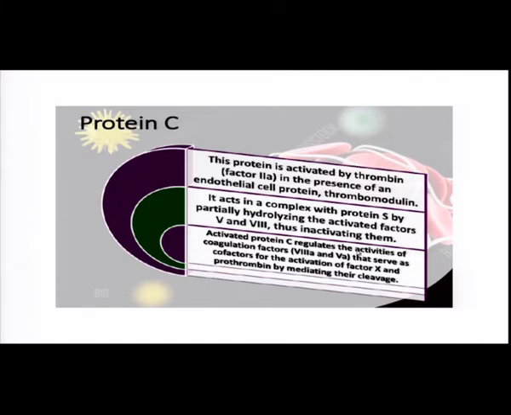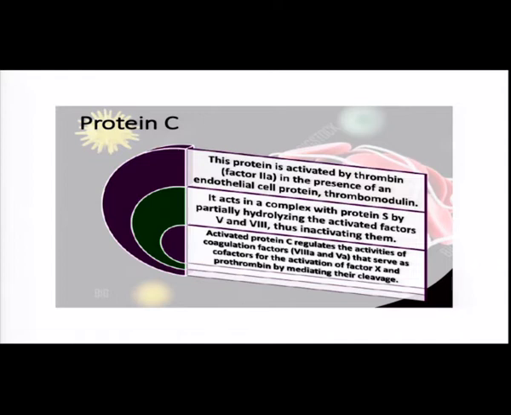Now you see it acts in complex with protein S by partially hydrolyzing the activated factors 5 and 8, thus inactivating them. So you see there protein S partially hydrolyzing the activated factors. So what does that mean? When you have activated factors doing the job of cascading, and suppose you want to nullify the pathway, you have to now remove the activators.